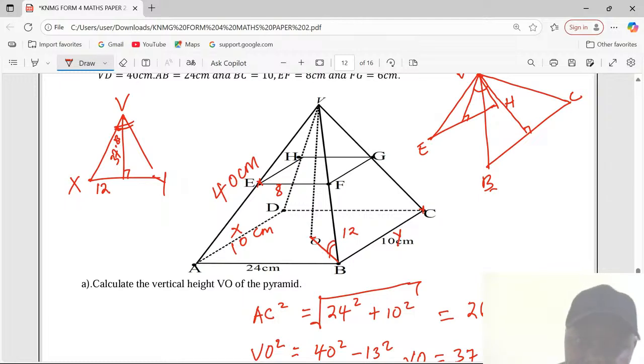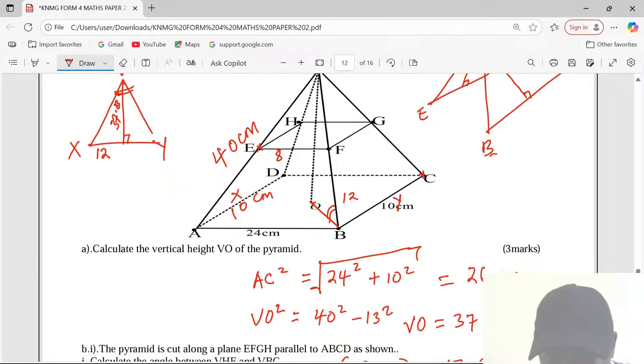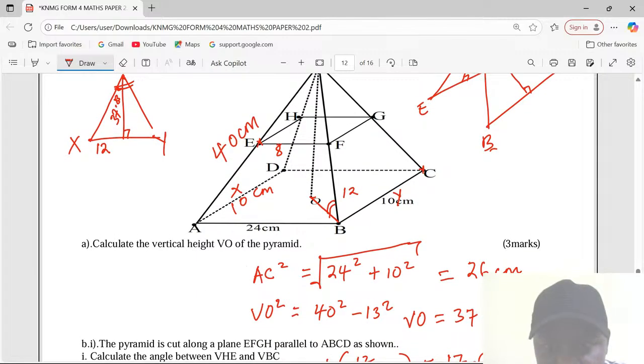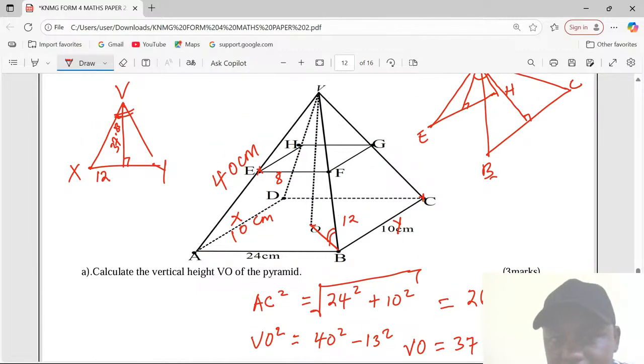We have a slanting height of 40 and a vertical height of 37.83. So the angle will be determined using the opposite, which is the vertical height, and the hypotenuse, because this is right angled. Using VOB, it's right angled at O.